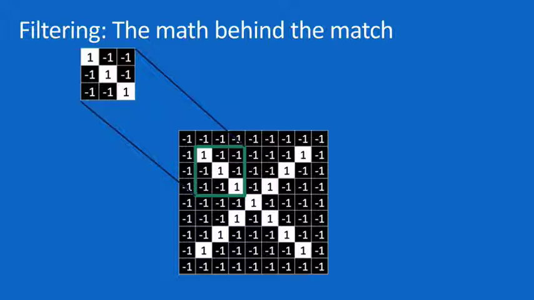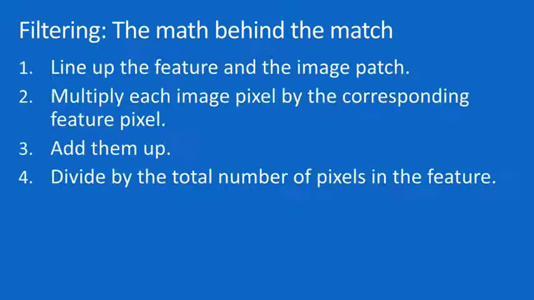So let's look at a summary of what filtering is. First, we take the feature and we overlay or line it up with the image. And then we multiply each pixel value of our feature with the corresponding pixel value in the overlap of the image. So this is a pixel-wise multiplication.